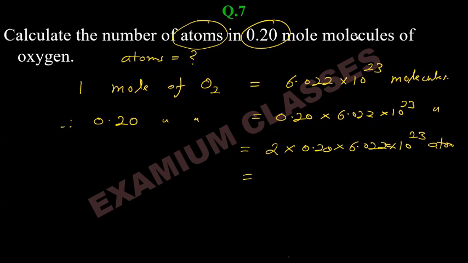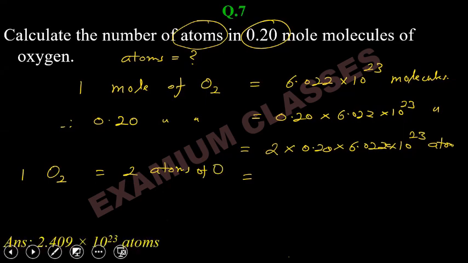Okay, sir, we multiply it by 2, no, sir? Yes, right. Sir, is it because of that O2 you have taken? Yes, exactly. Because one O2 is one molecule, but it is equal to 2 atoms. So that's why when you multiply, you will get the answer as 2.409 into 10 to the power 23.